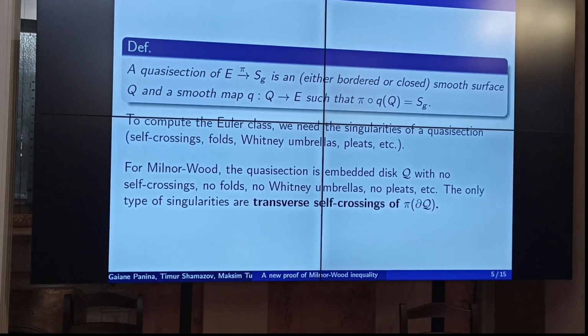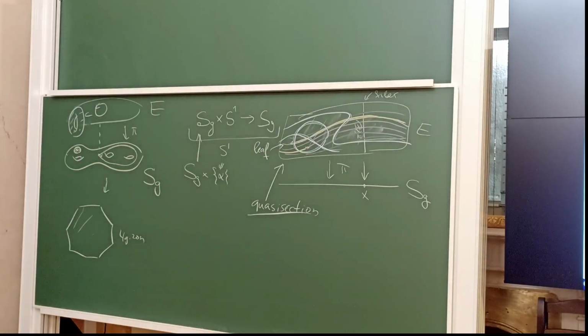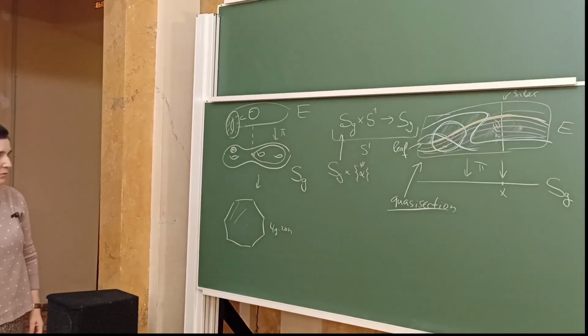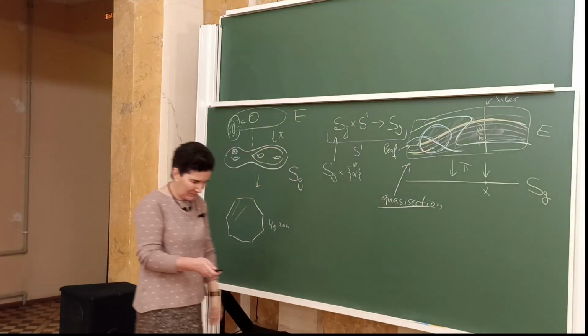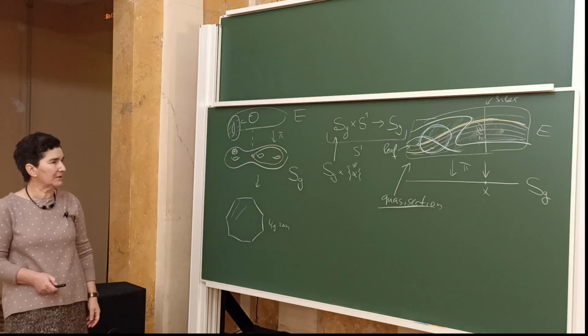We developed a formula for the Euler class for such a quasi-section, which I will tell you only for our particular case, because in our case this yellow thing, which is a part of a leaf, has no self-crossings, no folds, no Whitney umbrellas, and so on. So it is a quasi-section of a simple type. And now let me explain what the singularities are.